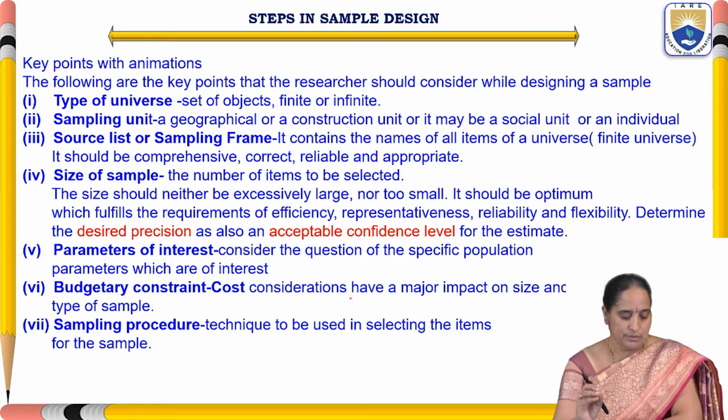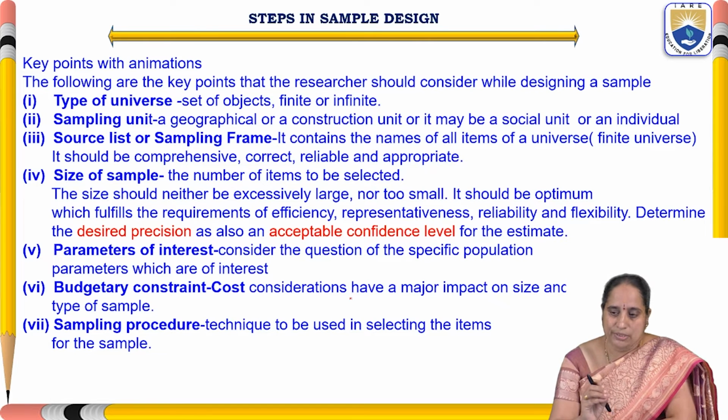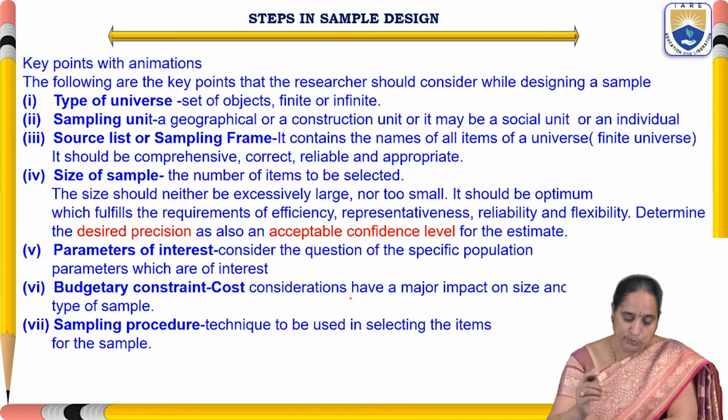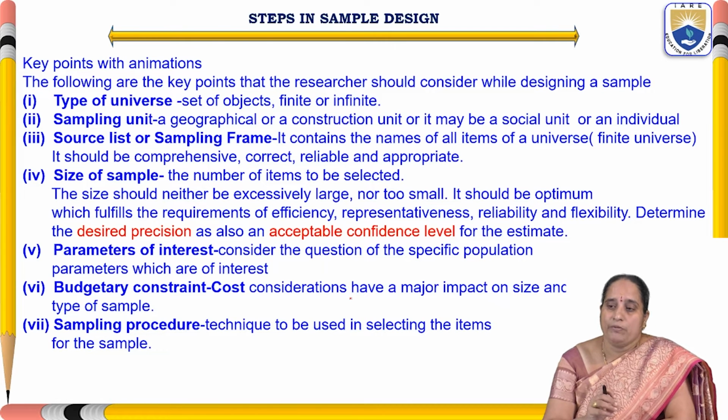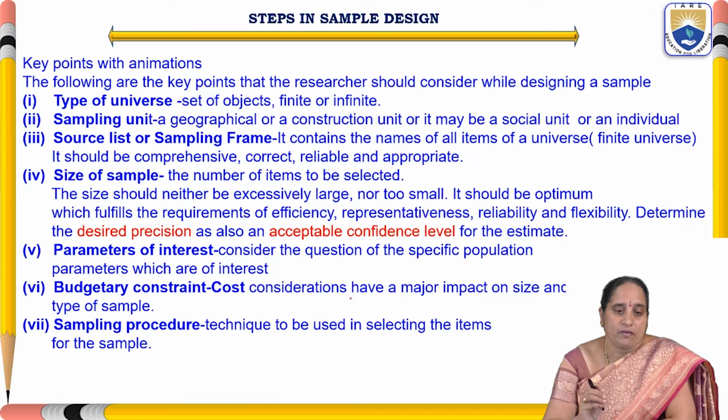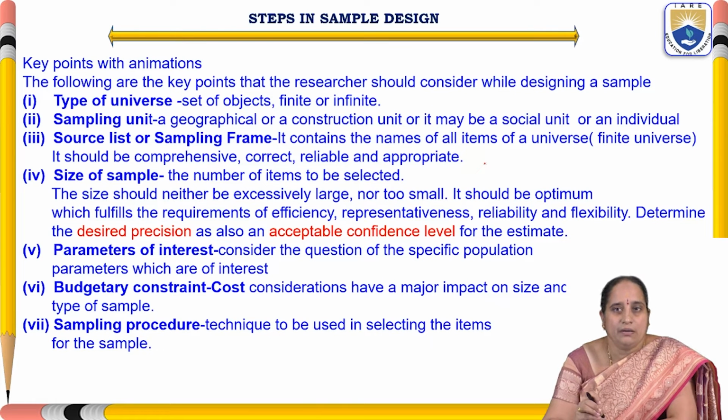For example, you want to conduct a study for some academic purpose, and I formulate one hypothesis that there is no significant difference between UG and PG students, in terms of efficiency, performance, or academic excellence. I want to study that particular aspect.